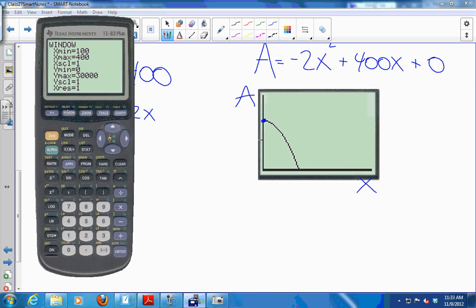So let's go to my window. Let's make the x min 0. That's better. Now I can see the whole parabola.